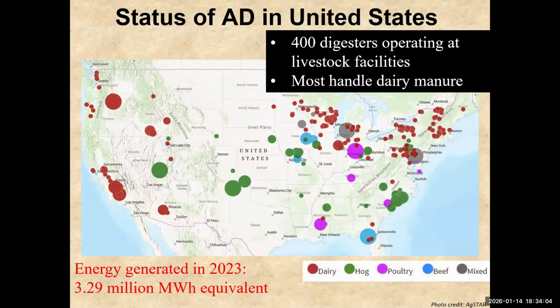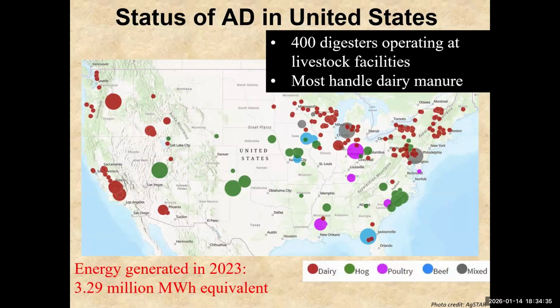All right, so moving along, we've now talked about parameters for optimizing biogas production and the different designs of anaerobic digesters. Now I want us to look at the status of anaerobic digestion in the United States. AgStar tracks the operational status of agricultural digesters in the US as they are voluntarily reported.